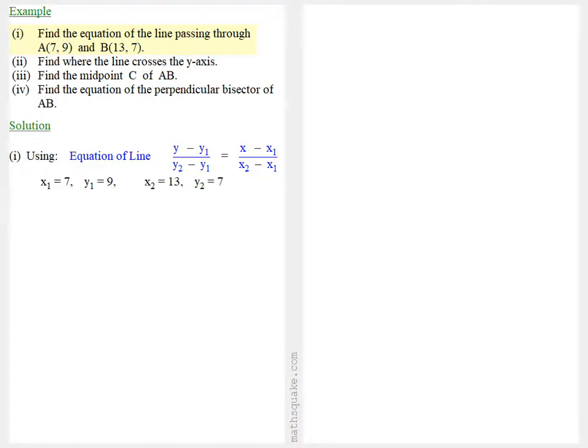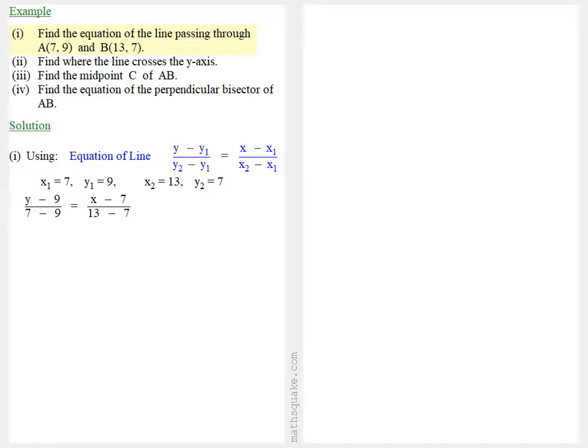So (y minus 9) over (7 minus 9) equals (x minus 7) over (13 minus 7). In other words, (y minus 9) over minus 2 equals (x minus 7) over 6.